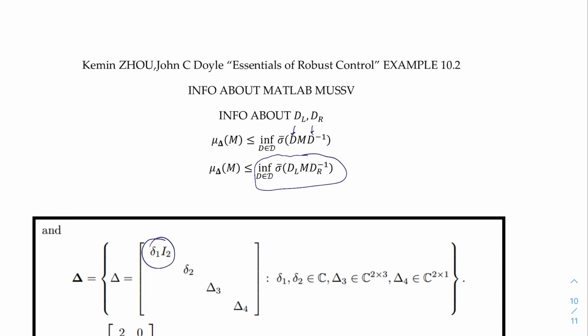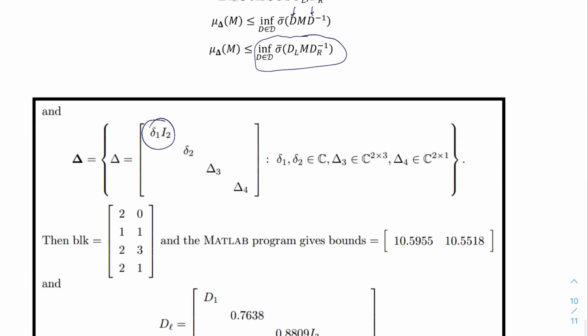This is from this example and a small note from an excerpt from Zhou, John C. Doyle, Essentials of Robust Control. It says example 10.2. For a given uncertainty here, this is the repeating diagonal uncertainty, 2 by 2, but the second term is 0, and this is 1 by 1.